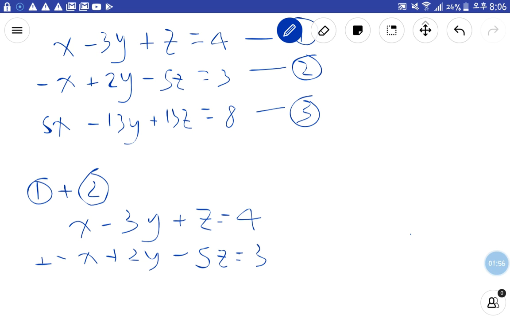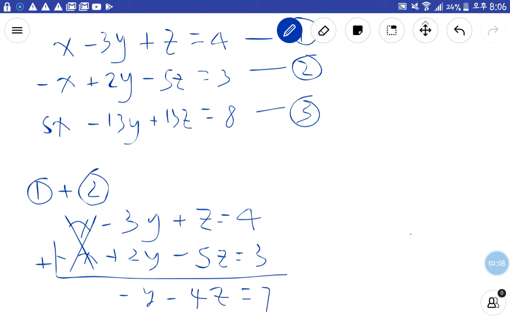If I add them up, I can cancel my x out. I got negative y minus 4z equals 7. Okay, so now I'm going to replace my second one.